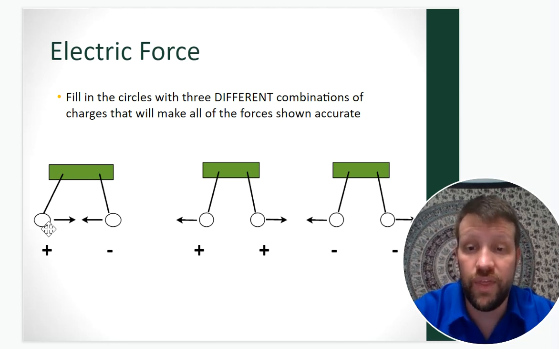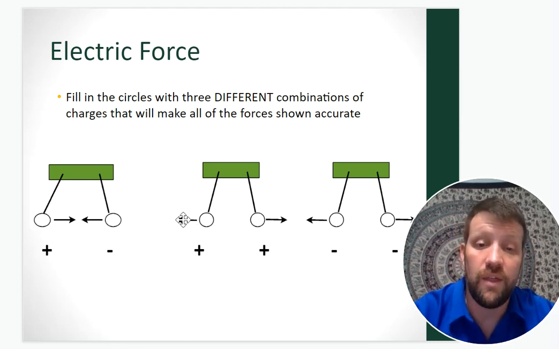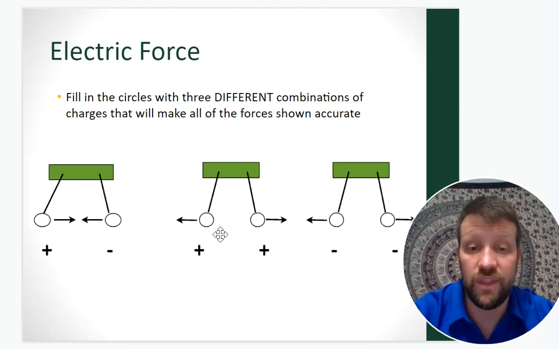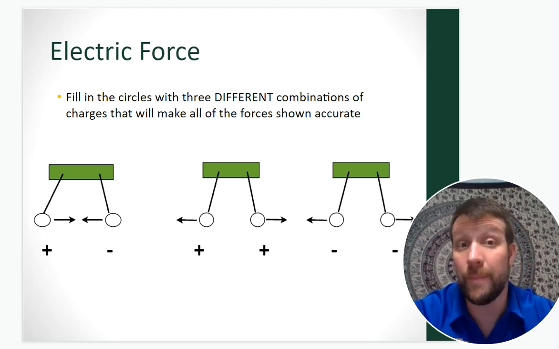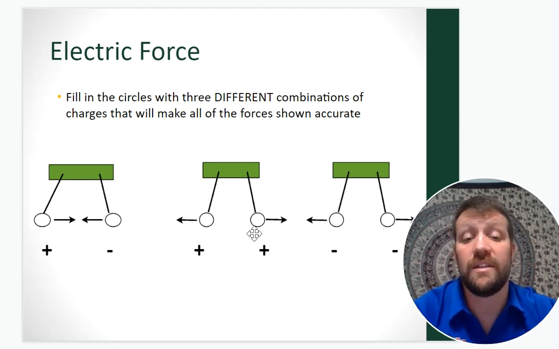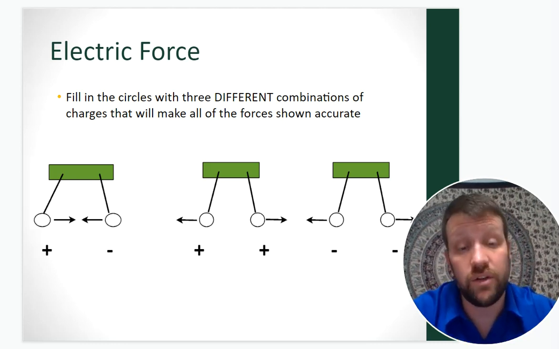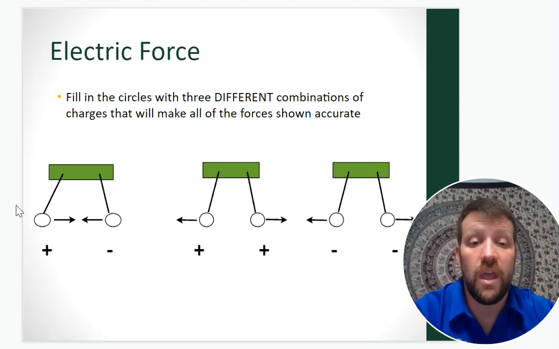So this object is being pulled to the right because it's got a positive charge and it's interacting with the negative charge, and then vice versa. This force pushing this object outwards is happening because of the charge on the opposite side, and like charges repel.